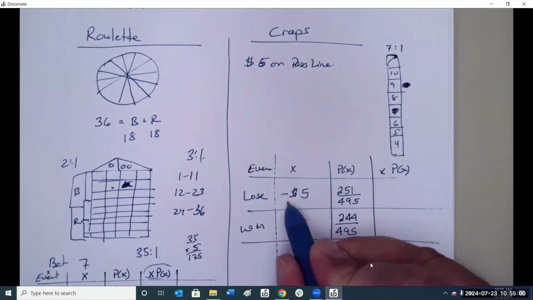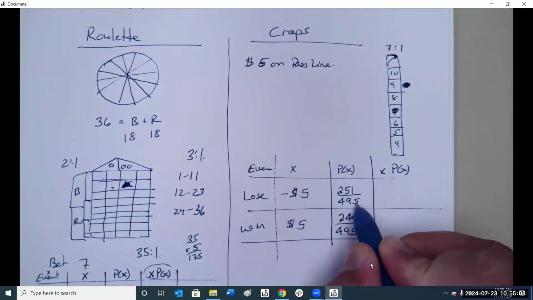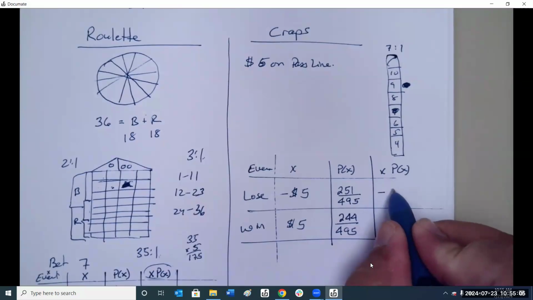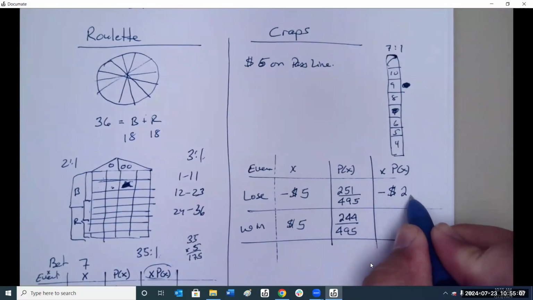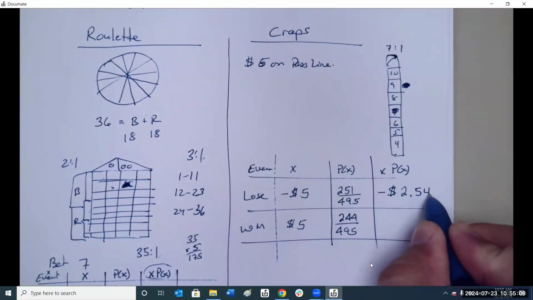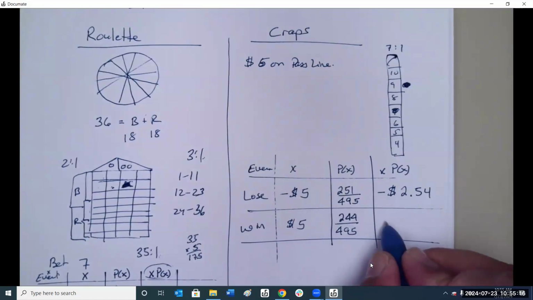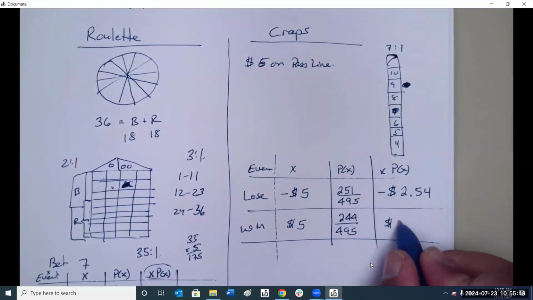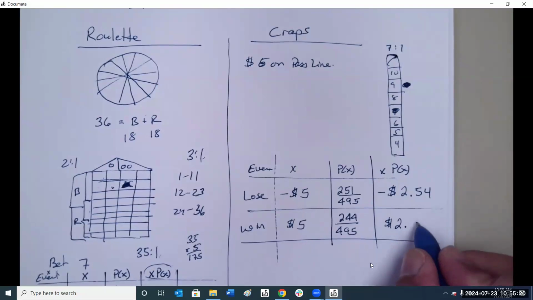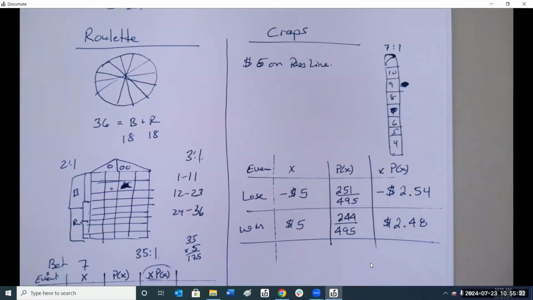Now, if we multiply the -5 times 251 over 495, we get negative 2.54. And to win, take our $5 bet times 244 over 495. It's going to be a positive $2.48.